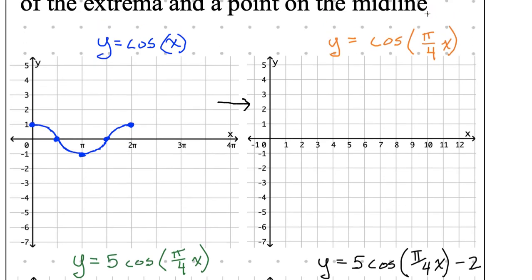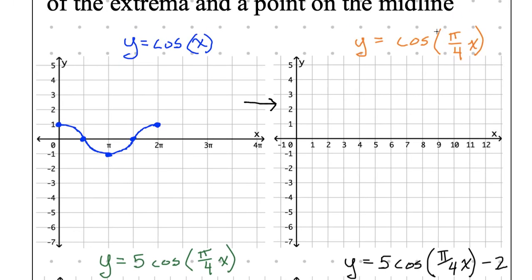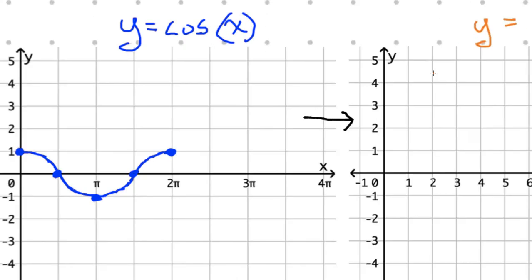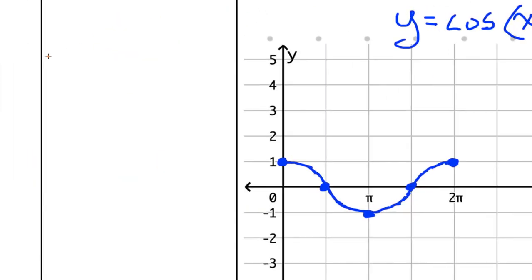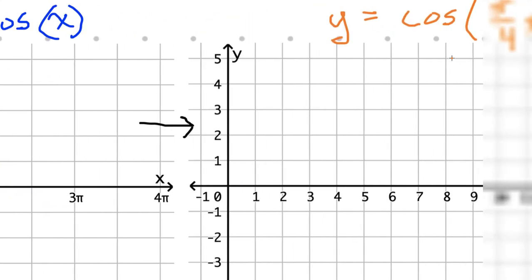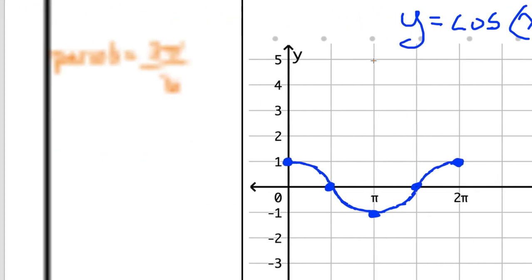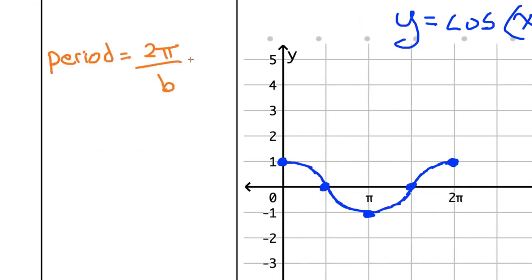This is our B value, remember? So coming off to the side in yellow, because that's our period. Our formula for period is equal to 2 pi divided by whatever that number out front is, 2 pi divided by B. And what is B? We just said it's pi over 4. So this means it's equal to 2 pi all over pi over 4.